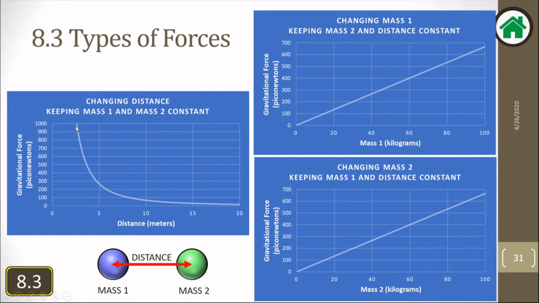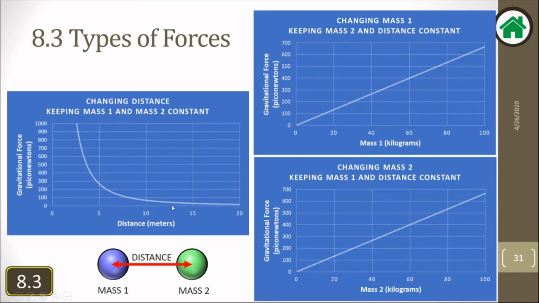This graph shows what happens to the gravitational attraction between two objects as you increase the distance. The farther apart two objects are, the weaker the gravitational force is between them. And gravitational force has what we call an inverse square relationship with distance, which means that if you double the distance between two objects, the gravitational force between them doesn't decrease by 2, it decreases by 4.